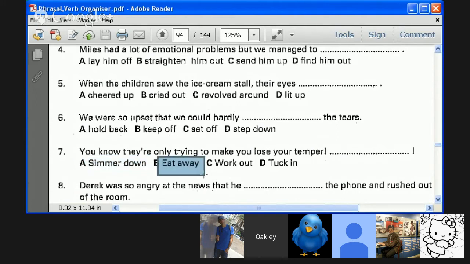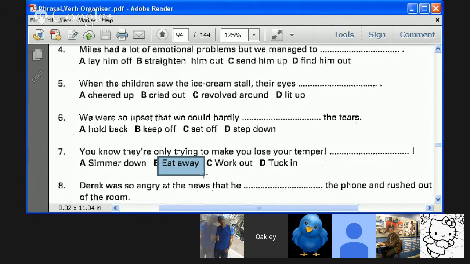Eat away. Not sure what that would mean in this particular phrase. It's kind of funny. Eat away could be very physical. Go ahead and eat. Go ahead, eat away. But also, eat away usually means to slowly take pieces off. For example, the way my boss treats me is slowly eating away at my self-esteem.